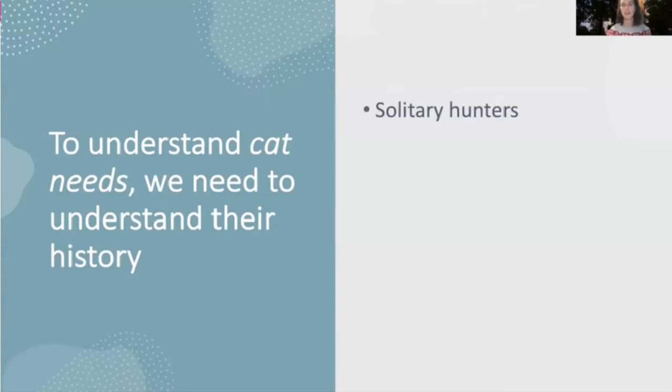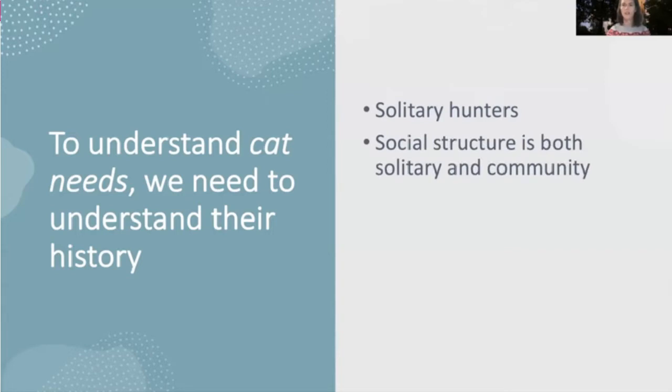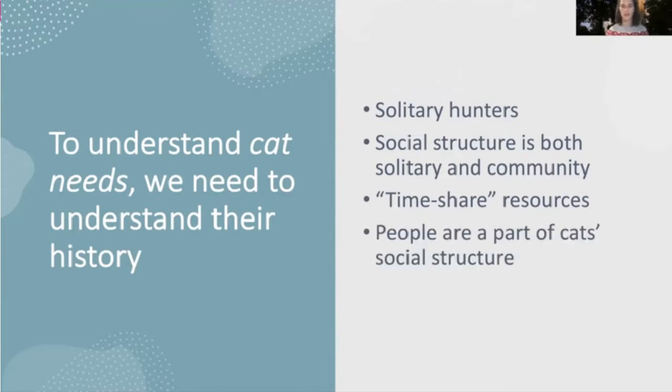So thinking about their history, cats are solitary hunters, right? Their social structure is both solitary and community, so what we call flexible social structure. So they are able to live in groups, but they timeshare their resources. So social groups will be able to share some resources, but cats need the ability to have multiple resources and the ability to avoid conflict.